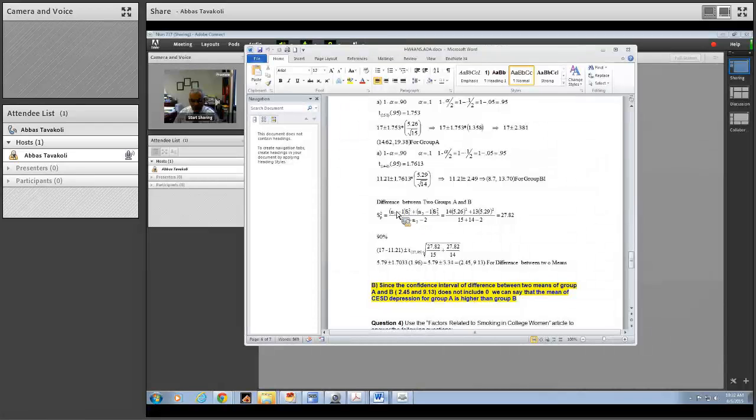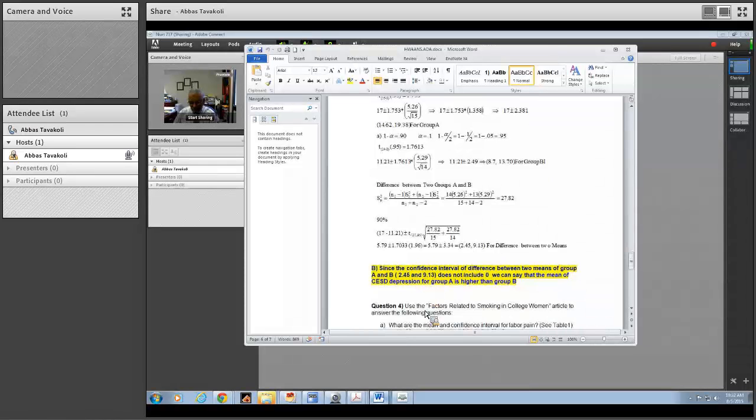You first have to find the pooled variance, like the previous problem. When you do that, you get 27.82, and replacing it in that formula, you calculate the difference between the two means, and the interval is 2.45 and 9.3, and that's the interpretation we have for that.